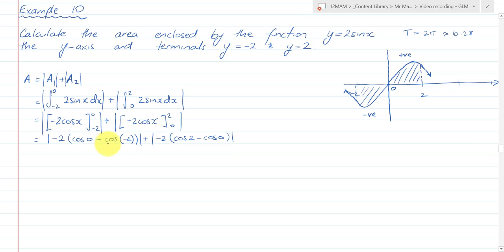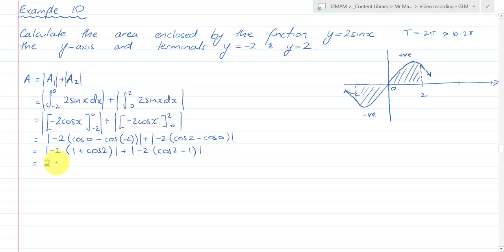Remember, we know that cos is an even function, so we can change cos of -2 to cos of 2. So we could write this down as the absolute value of -2 of 1 minus cos of 2, and then plus the absolute value of -2 of just cos of 2 minus 1. And of course, then we can take out the absolute value signs.